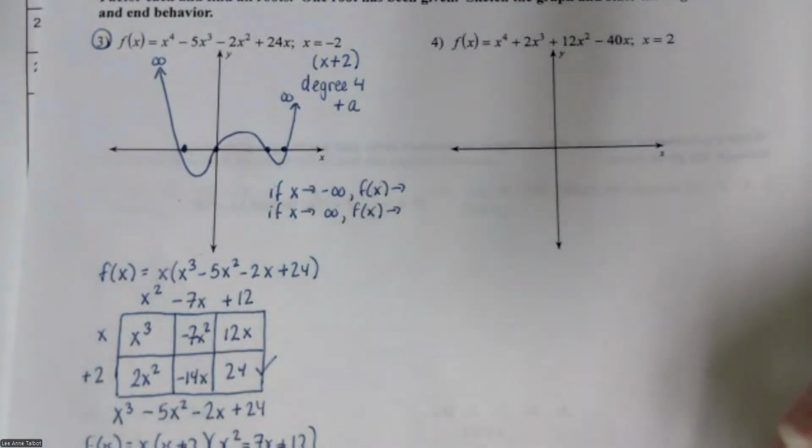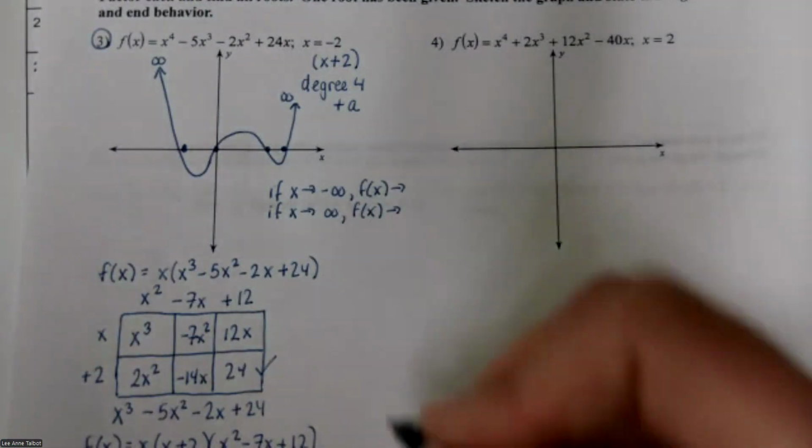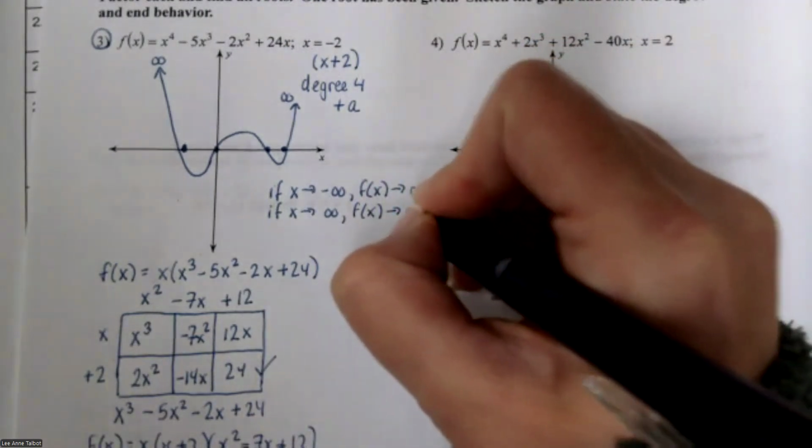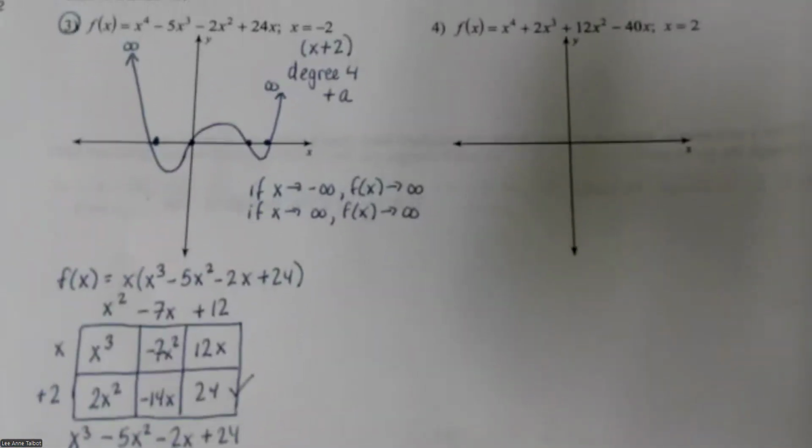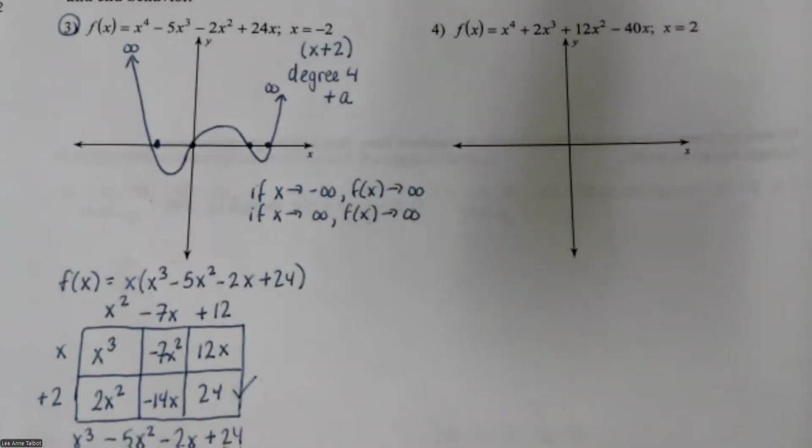That thing is end behavior, and both arrows are going up. Hopefully you guys are okay with me using f of x and y interchangeably. Don't get tripped up by that.